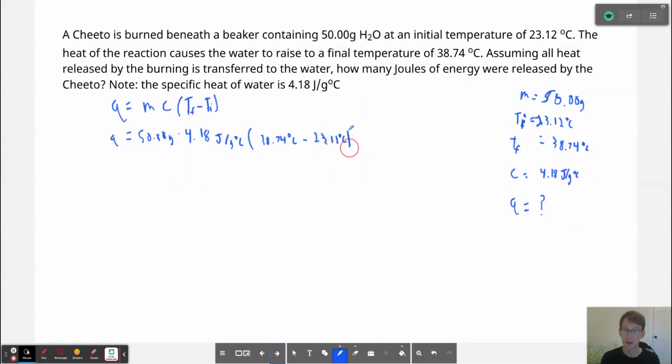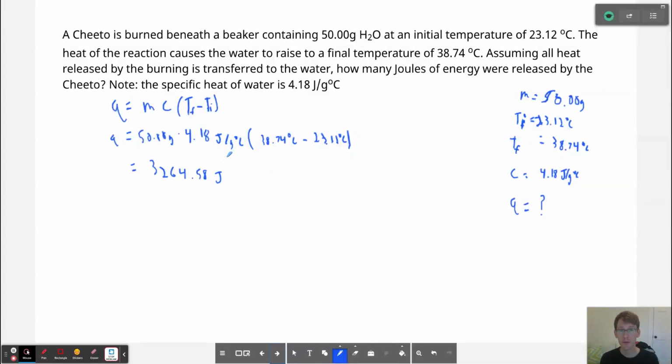And when we calculate that, that brings us to Q is equal to 3,264.58 joules.